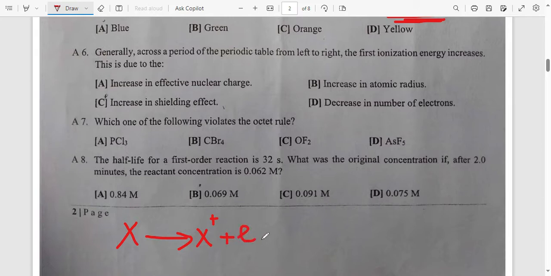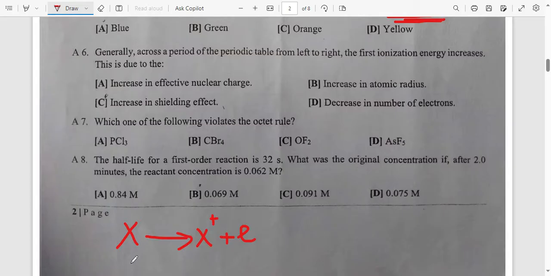It has become an ion because it has lost an electron. That is what we refer to as the ionization energy. By definition, ionization energy is the energy required to remove an electron from a gaseous atom. The first ionization energy is the ionization energy required to remove the first electron.